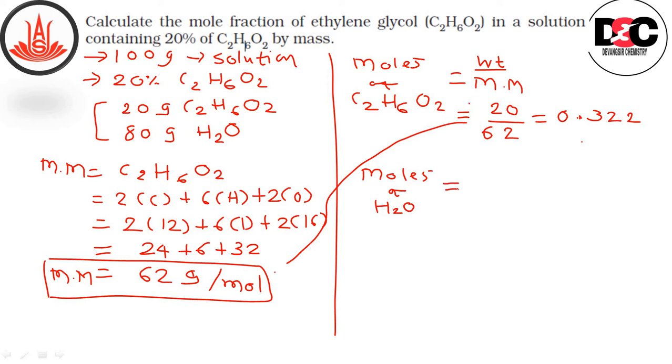In same manner, moles of water we have to find, is equal to same formula, weight upon molar mass. So weight of water is 80 gram. Molar mass of water is 18, that is 2 hydrogen and 1 oxygen.